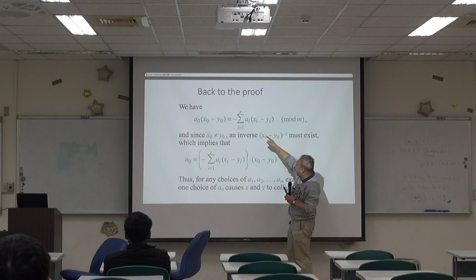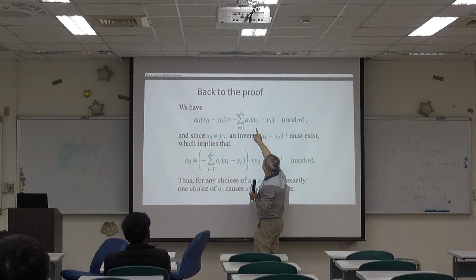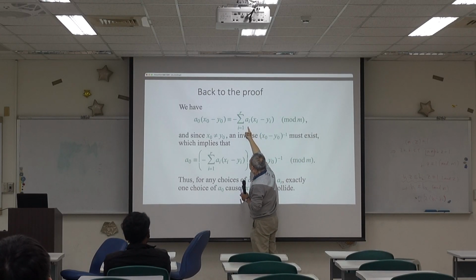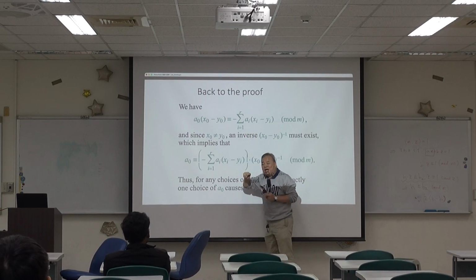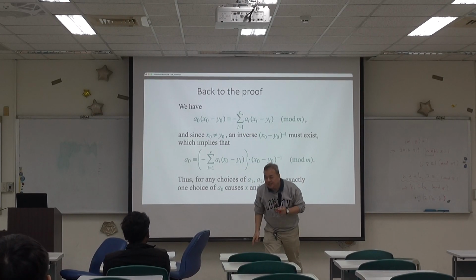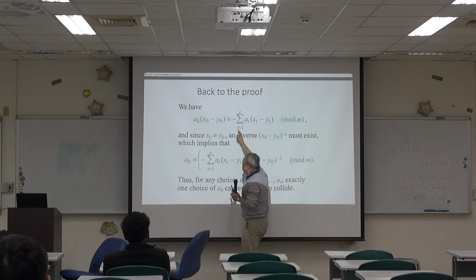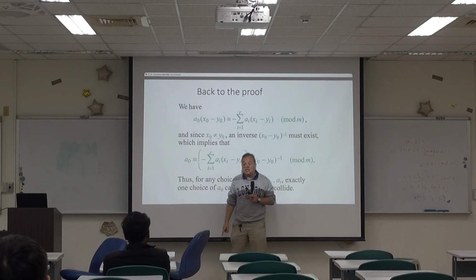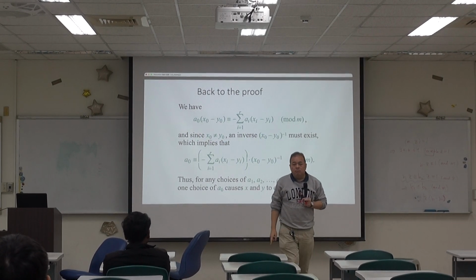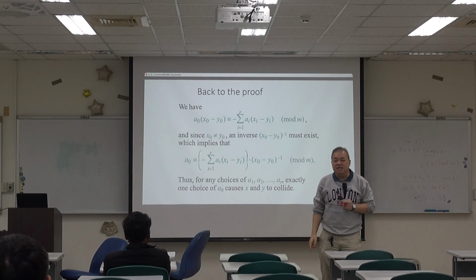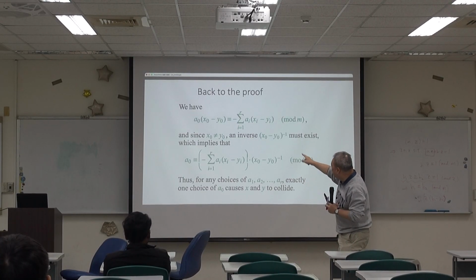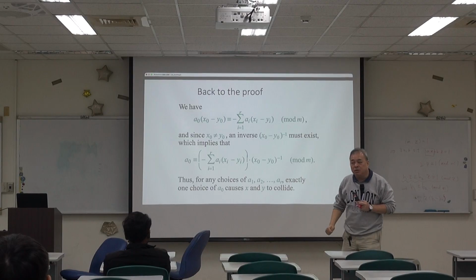If A1, A2, A3 to AR are fixed, then A0 is determined, because A0 is the inverse of X0 minus Y0.